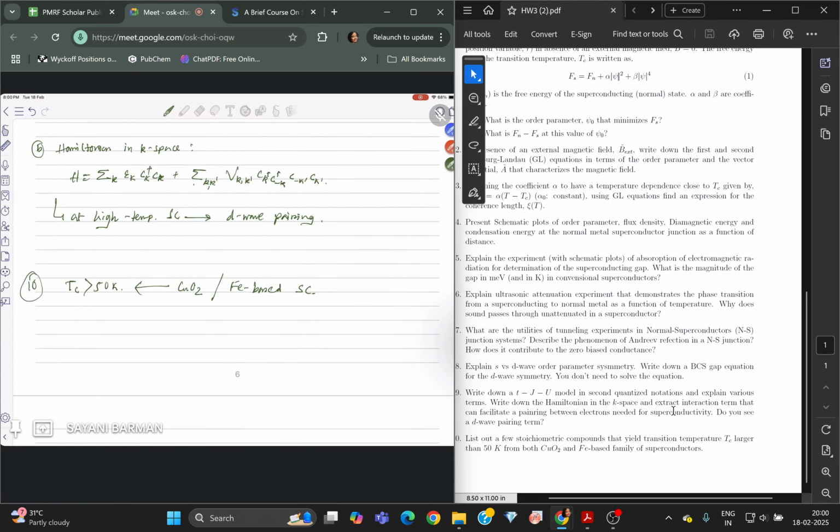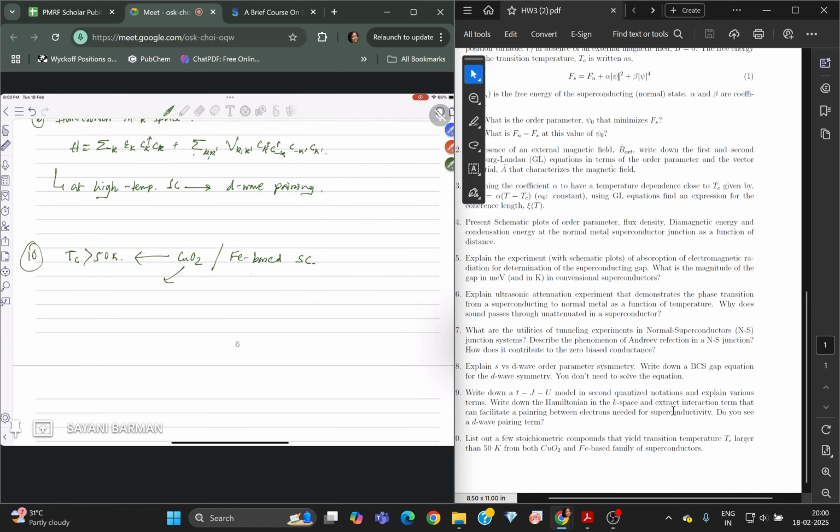So I have a few listed. For cuprates, we have YBa2Cu3O7, YBCO we also call it. The Tc is 92 Kelvin. Now another one is Bi2Sr2CaCu2O8 and the Tc is 108.